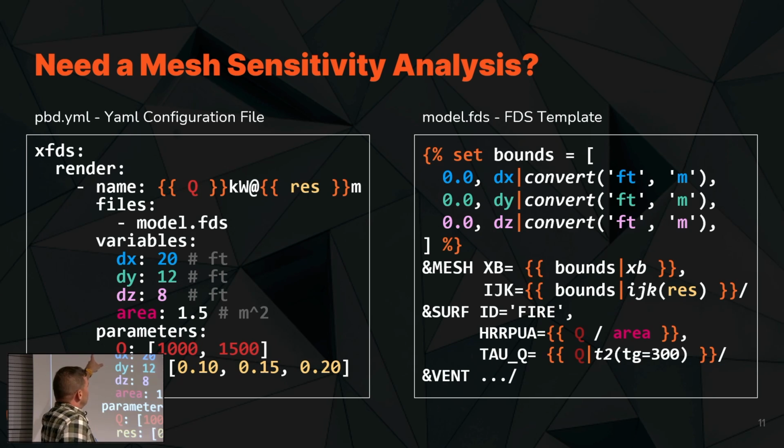In here, relative to this document, it should be in the same directory. It says, let me pull in model.fds, which is that. So these two files would be in the same directory together. Given this location, it knows, okay, let's load that in, load these variables, and it will just render.